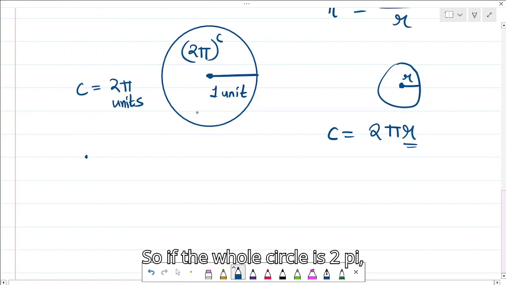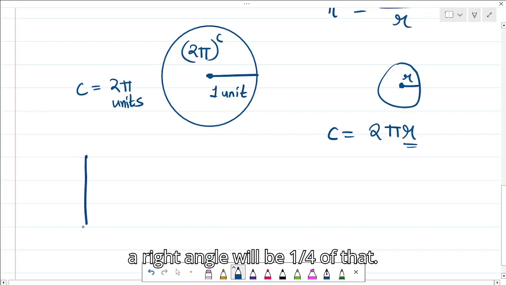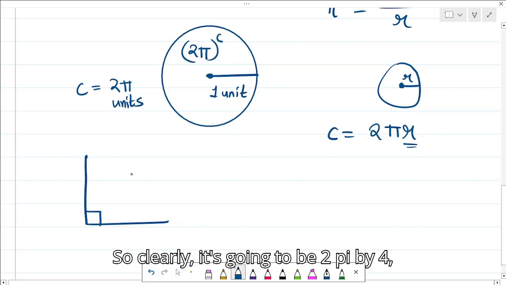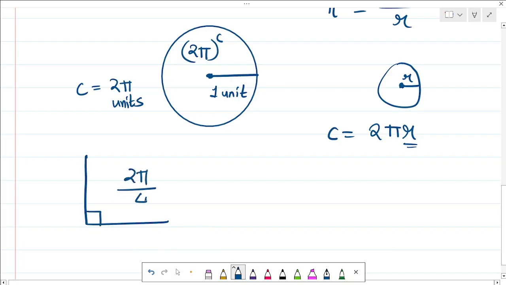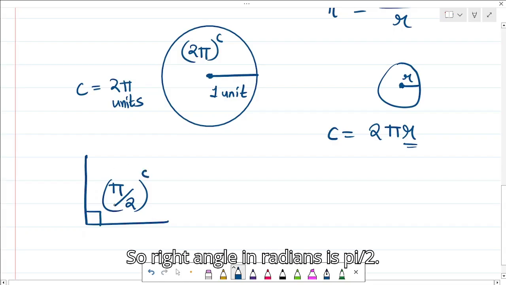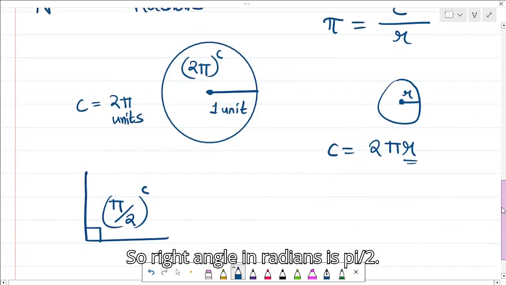So if the whole circle is 2 pi, a right angle will be 1/4 of that. So clearly it's going to be 2 pi by 4, which is pi by 2 radians. So right angle in radians is pi by 2.